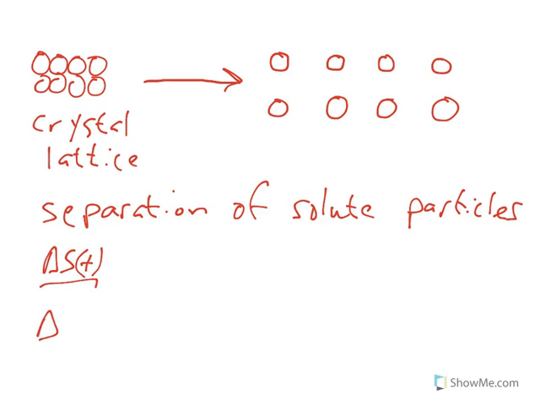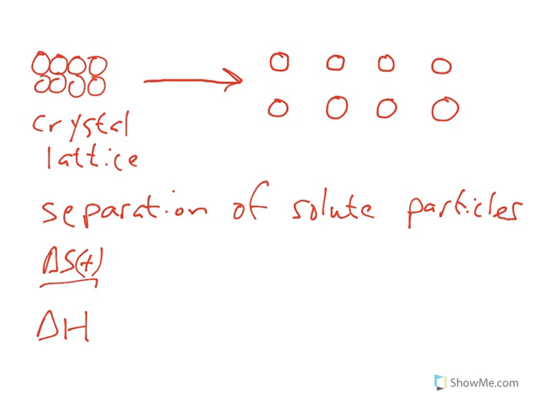But what about delta H, the enthalpy? How do you figure this out? Entropy is pretty easy. You just look if it is less random or more random. For delta H, you have to think about the energy required. So remember, what's holding these guys together in the crystal lattice? Those nice electrostatic interactions like the Na pluses and the Cl minuses.